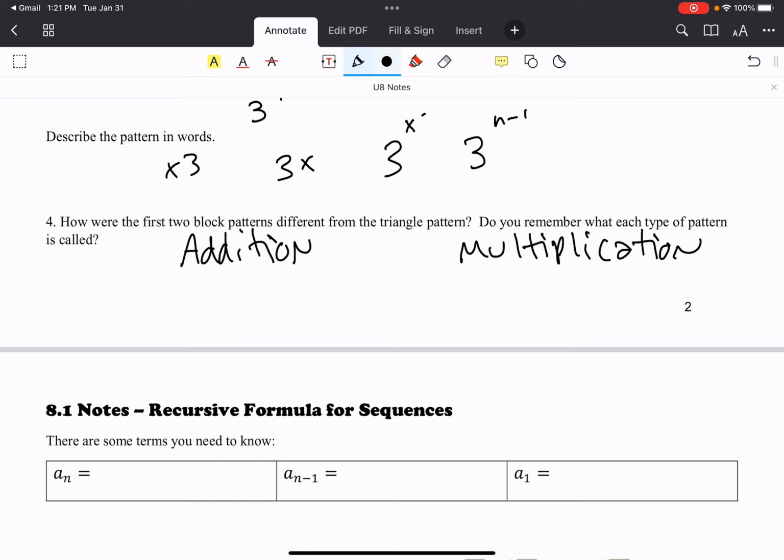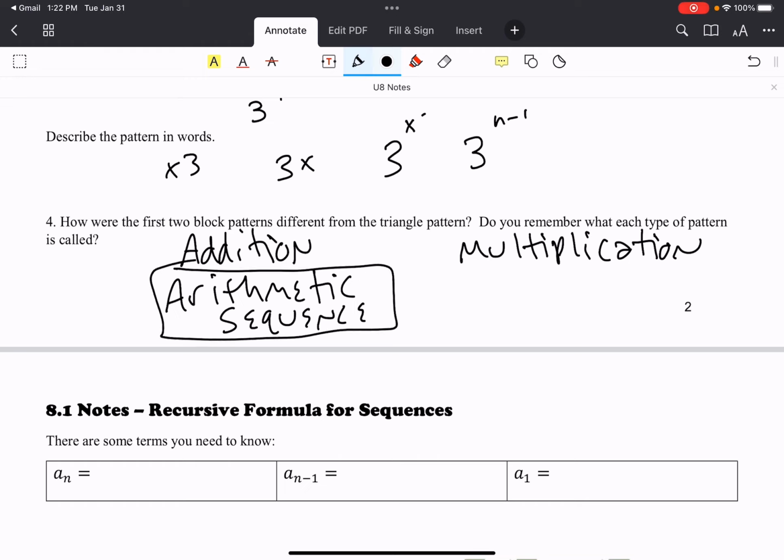I'm doing repeated multiplication. So everything is either in terms of addition or multiplication. When things are in terms of addition, we call it an arithmetic sequence, and when things are in terms of multiplication, we call it a geometric sequence.